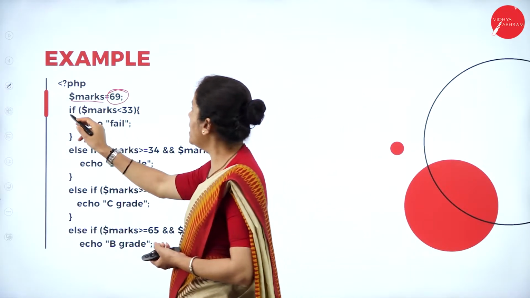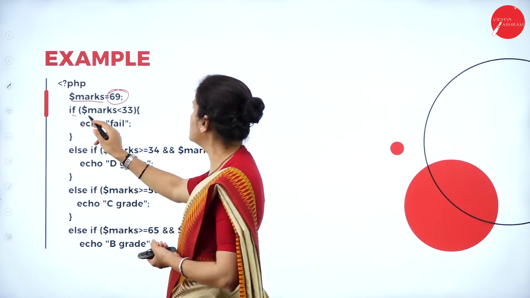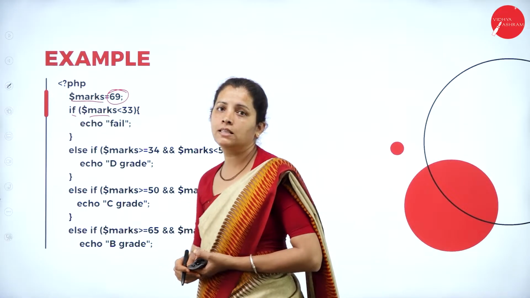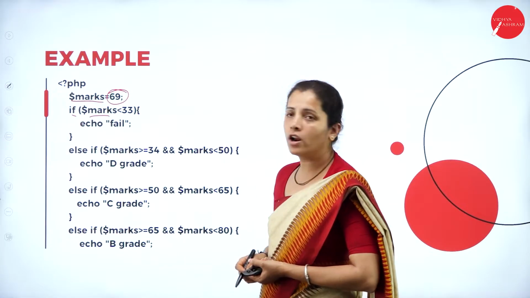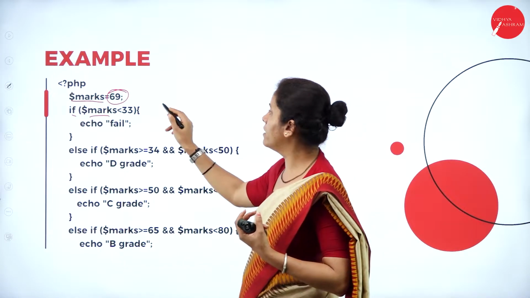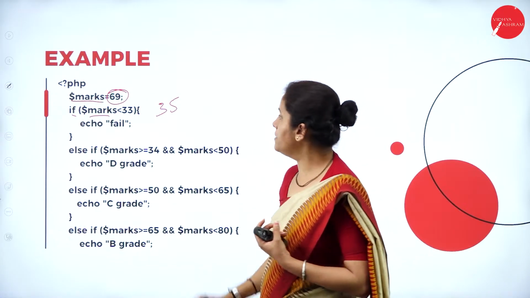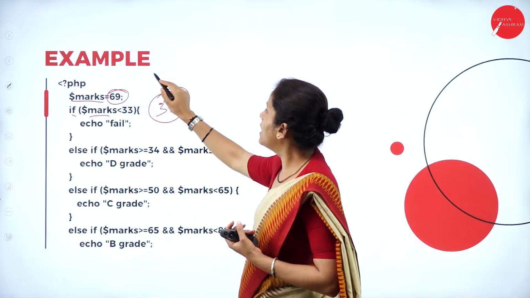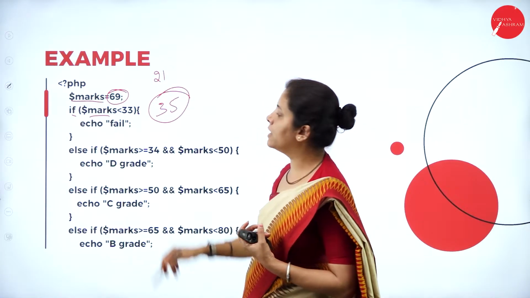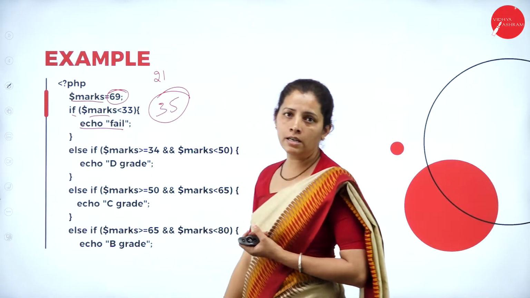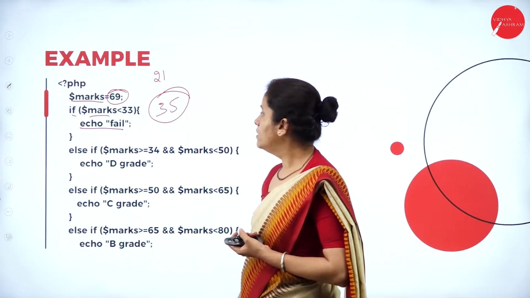I'm checking if marks is less than 33. Or if you want, you can modify it and make it 35. If it is the NEP scheme, you can write if marks is less than 21. Then what is the result? It is fail.